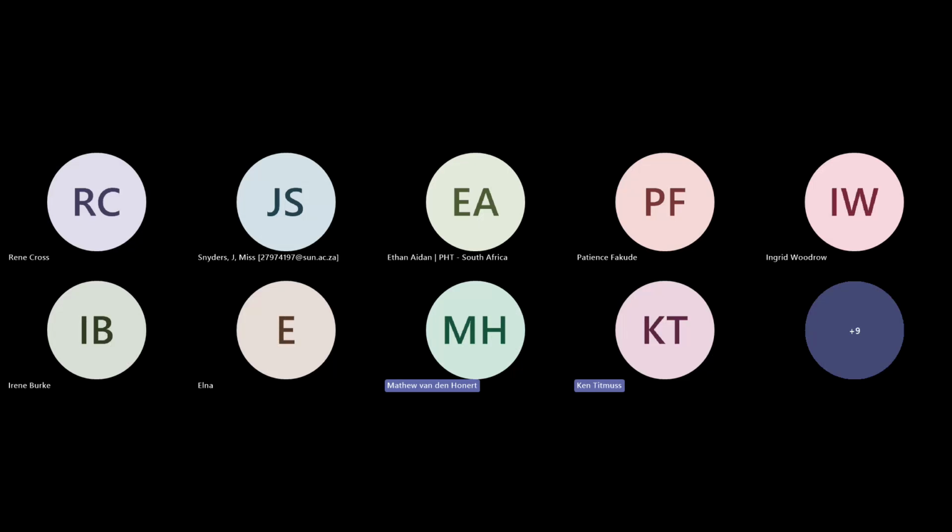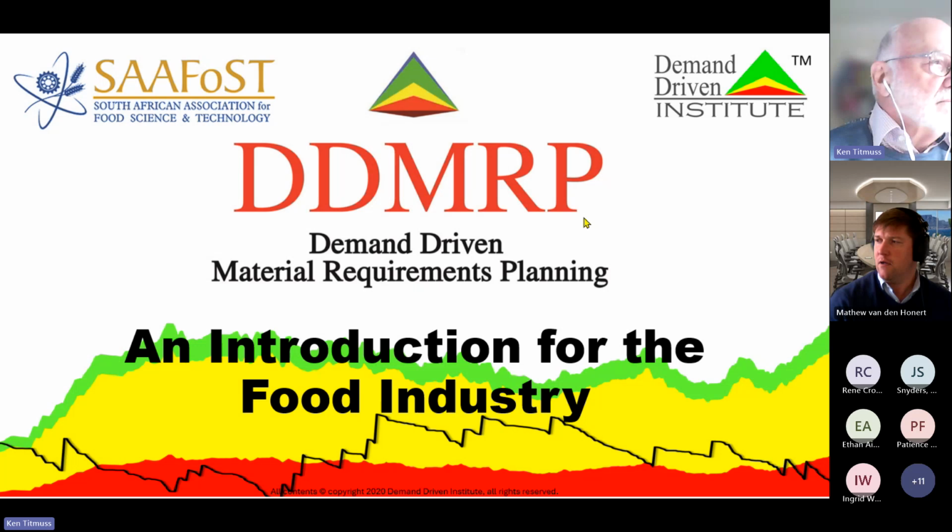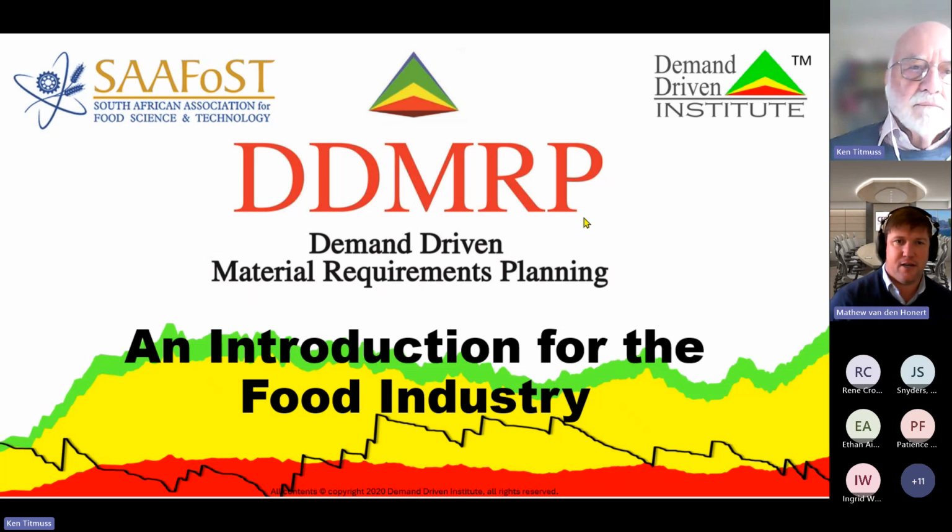Presentation today, this webinar. We have invited an industrial engineering person to come and talk to us about efficiencies and optimization. And I think one thing Saffost is good at is on the food side, all the ingredients and whatnot and food science.